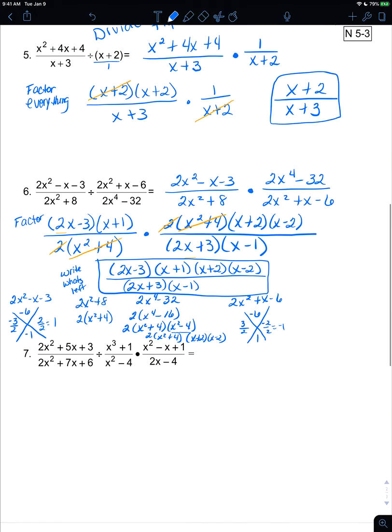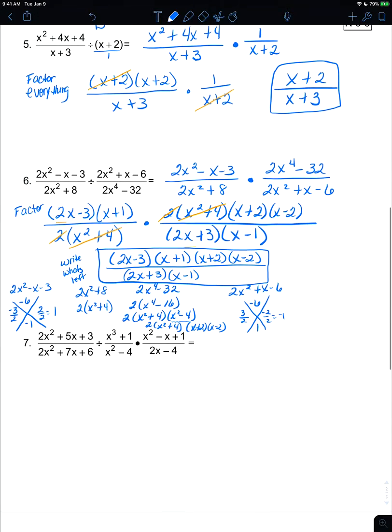So now, here's a tricky one. All right, remember, order of operations says we go left to right. So that division, we're going to turn that into a multiplication and then multiply it times this. So this expression will be 2x squared plus 5x plus 3 over 2x squared plus 7x plus 6.